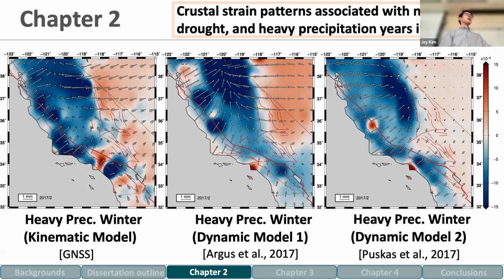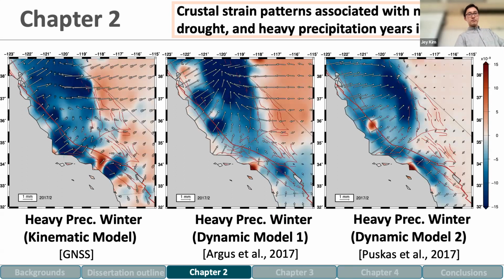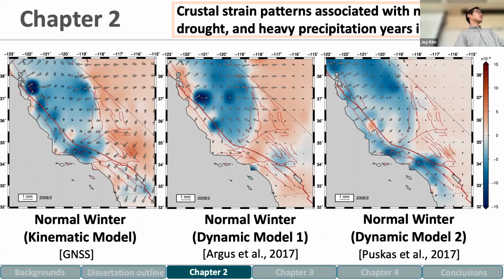And this is for the heavy precipitation winter signal. All three models share multi-annual variations during the heavy precipitation year, winter in 2017. And it's also the same for the drought year.